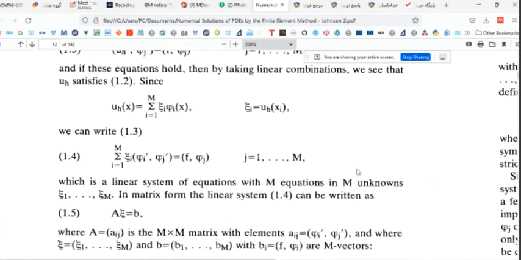So in this lecture, we have had some discussion about the basic elements of the finite dimensional method.